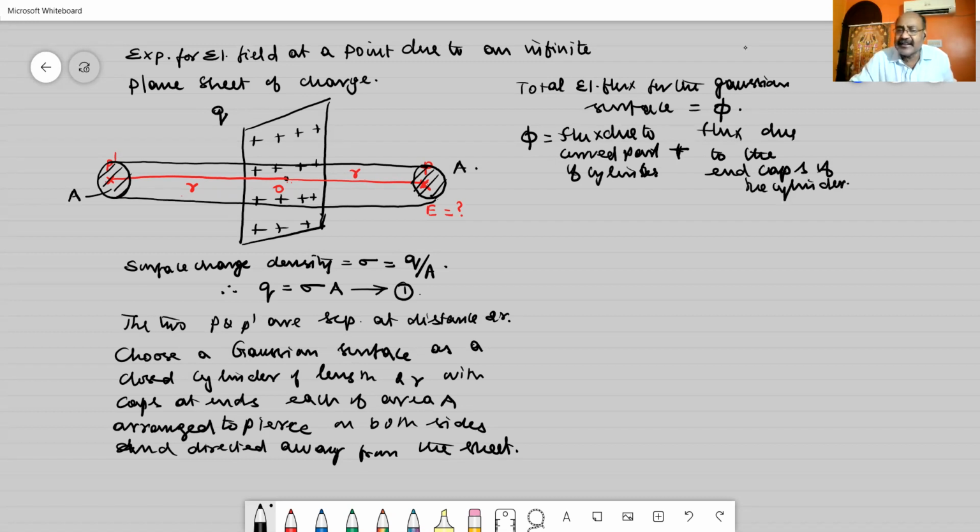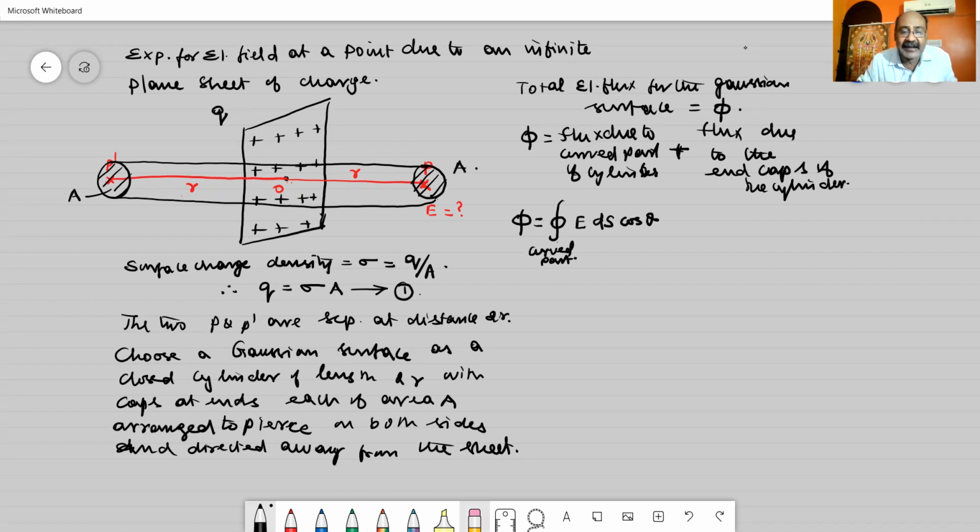So how can I calculate this now? If I am taking phi, the flux due to the curved part of the cylinder can be written as the closed integral of E into ds into cos theta. Here the closed part I can write as the curved part of the cylinder.